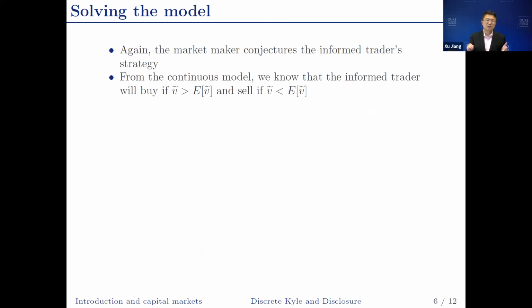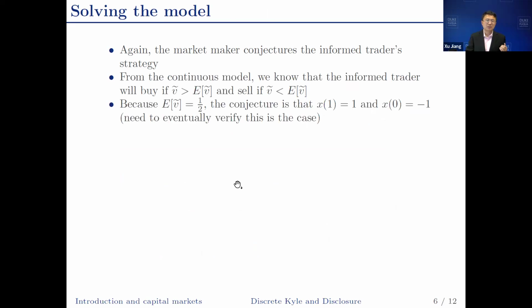Recall that in the continuous order flow Kyle model, the informed trader is going to buy if V is bigger than the prior mean and sell if V is smaller than the prior mean. In this model, the prior mean of V is 1/2. So the conjecture is that the informed trader is going to buy one share when observing 1, and sell one share when observing 0.